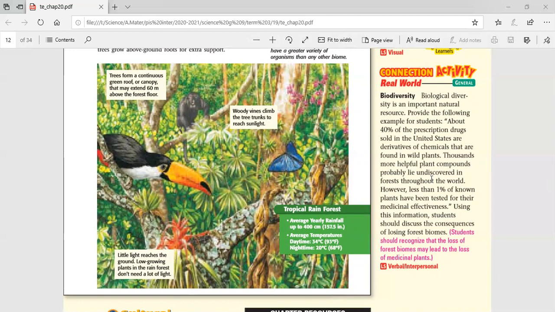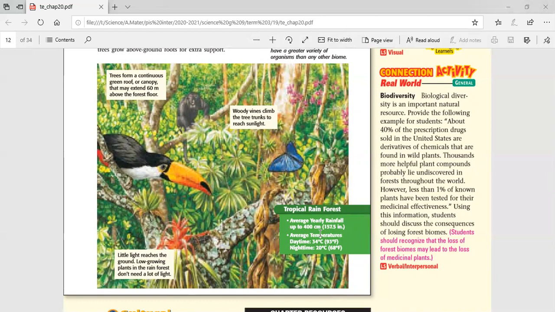What makes it able to have this kind of biodiversity? As you can see here, guys, the average precipitation is about 200 to 400 centimeters, which means about 2 to 4 meters of water each year. That's a lot of water.